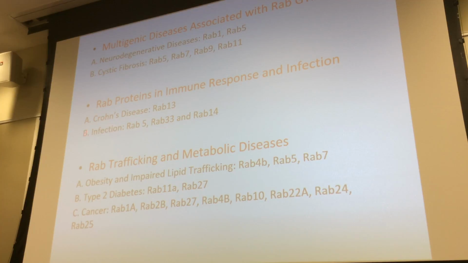So it can cause infections. Some of our lipid trafficking. So here's RAB5, RAB4, because this internalization process is extremely important for getting the lipids transported and brought back into cells for storage.